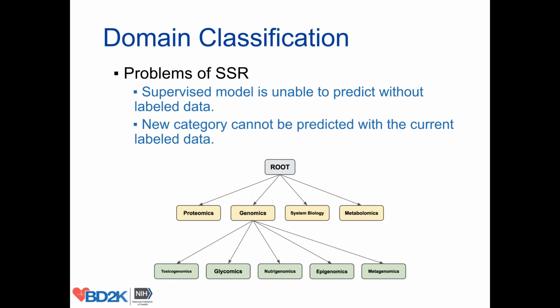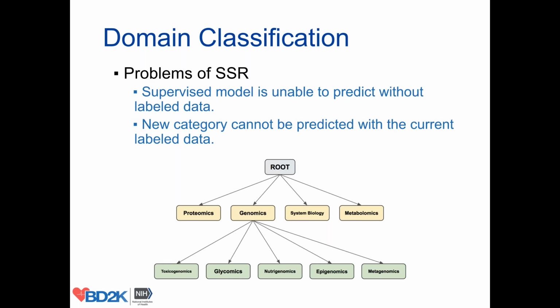But as the data grows, more and more unlabeled data comes in. Of course, the supervised model is unable to predict without any labeled data. Besides, it is inevitable that new domains are included, but new domains are not able to be predicted with current data.